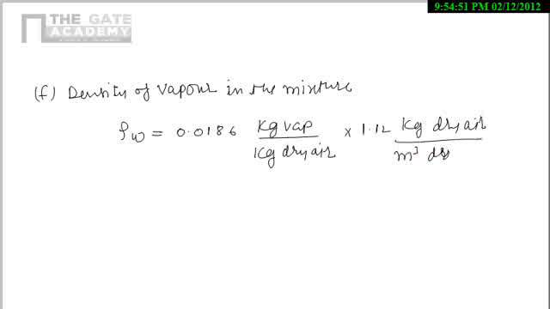Now if we calculate this, we will get 0.021 kg of vapor per meter cube of dry air.